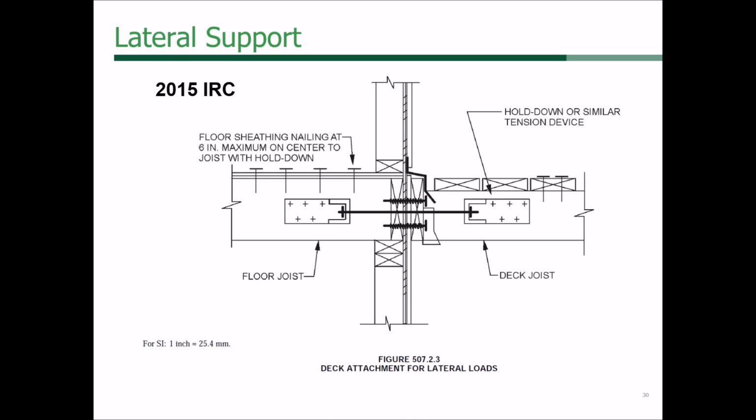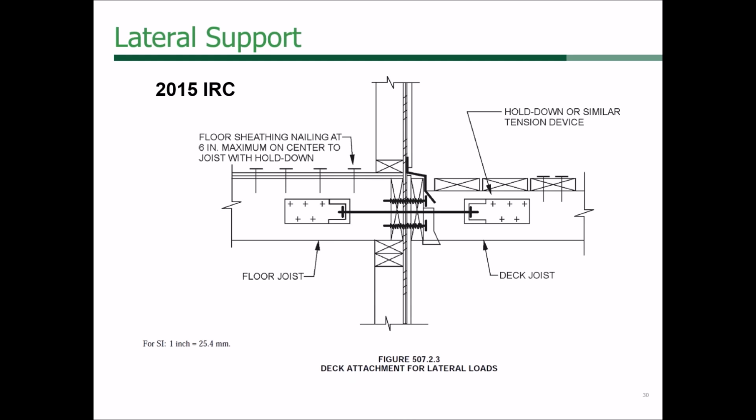As part of the lateral systems, the 2015 IRC has this figure, and it's been in there for a while. It was part of the NEHRP provisions, the National Earthquake Hazards Reduction Program. They didn't really say whether this actually has enough capacity or not.